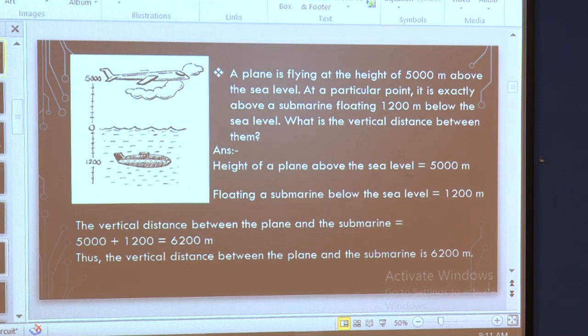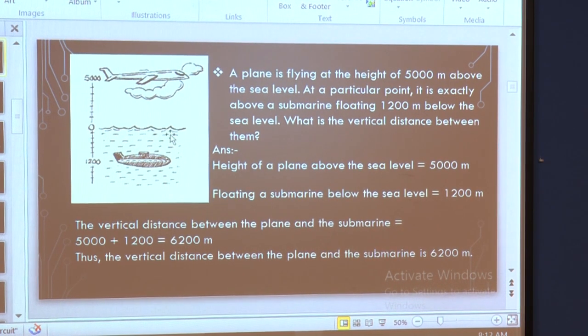Now, we will see one more example. By seeing the picture, you can identify what I want to say. Here this is the sea level, which is at 0, and as we go up, it is positive integers. So, this is all positive, and below 0 is negative integers. I will explain the first statement, then we will explain in detail.